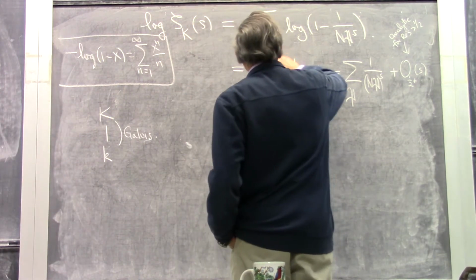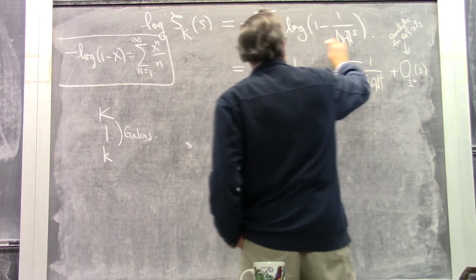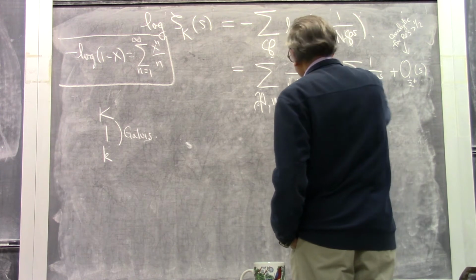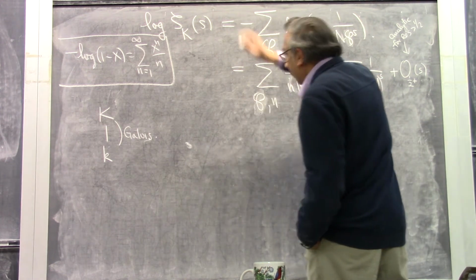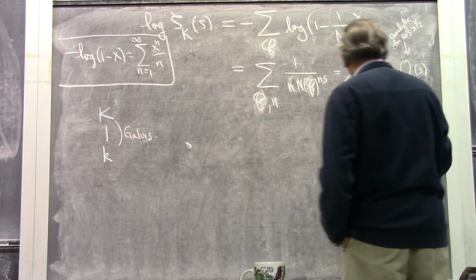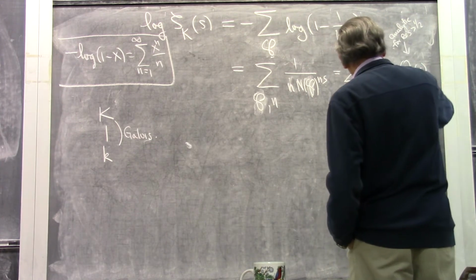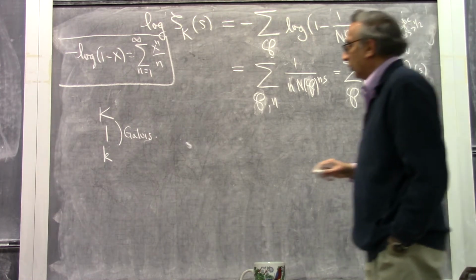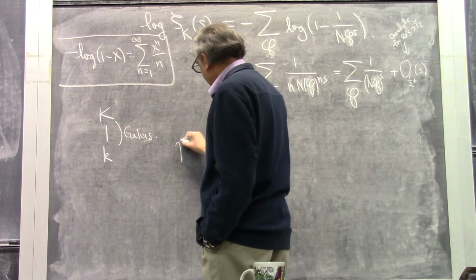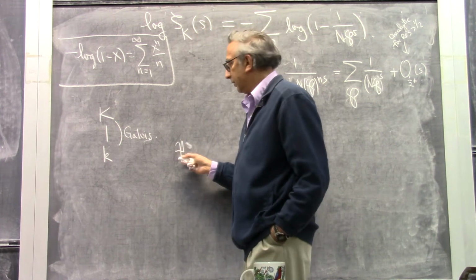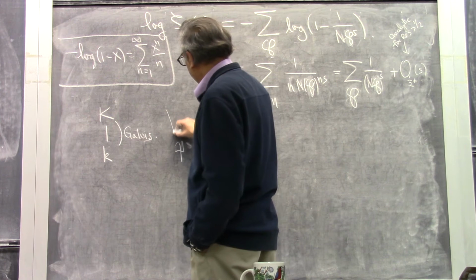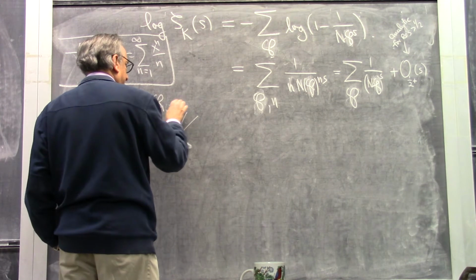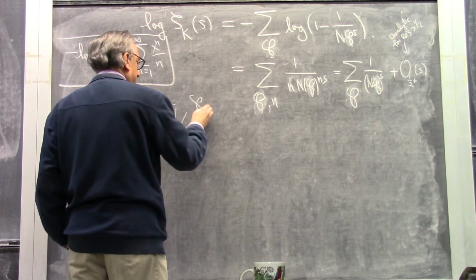If you don't mind, I'm just going to change these to script P, because these are script P's, prime ideals upstairs, and I want to use German P's for prime ideals downstairs. So that's clear. So you know that if I have a Galois extension and I have a prime ideal downstairs, P here, it will break up into a bunch of prime ideals upstairs, P1, P2, up to P g.